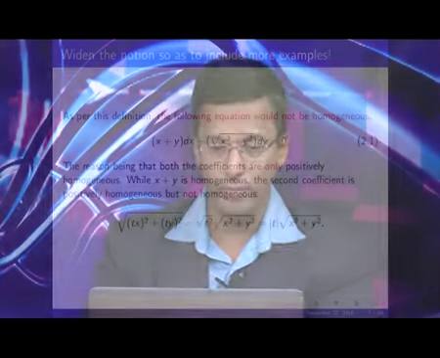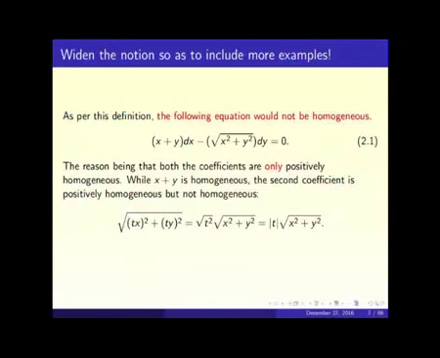What about square root of x squared plus y squared? Replace x by tx and y by ty. What happens? Square root of t squared x squared plus t squared y squared is under root t squared into under root x squared plus y squared. But under root of t squared is mod t.